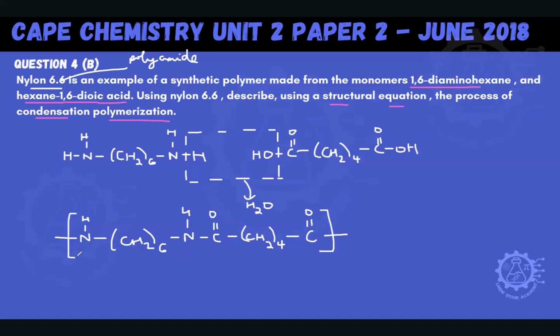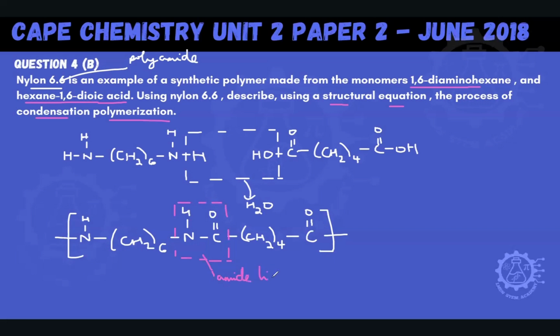We call that little dash line at the end a continuation bond. It shows you that the molecule can continue based on how many monomers you have. But I just used one of each to show you the formation of the polyamide. So the amide linkage, which is right here in the middle. Right, so this is going to be my amide linkage that connects both monomers.